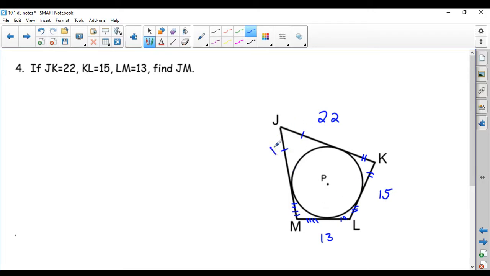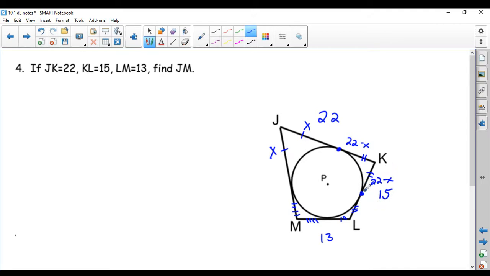You can pick any one of these 4 segments to call x. So say we start up here. If this is x, it's also x on this side. So K to the point of tangency is going to be the 22 of JK minus the x. And K to this point of tangency is congruent, so this is also 22 minus x. Now you need to be careful.